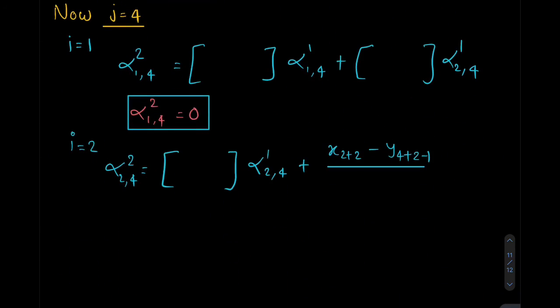Okay, so that is x2 plus 2 minus x2 minus 2 plus 1, I plus 1. Okay, so alpha 3 4 is equal to x4 minus y5 divided by x4 minus x3 times 1.